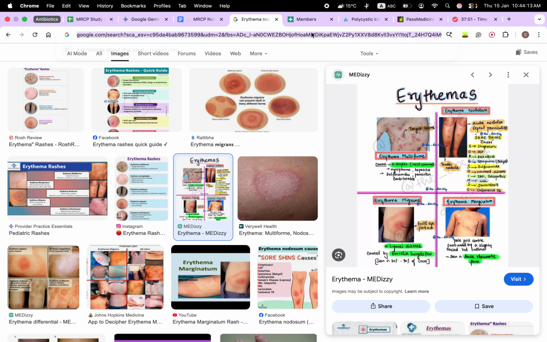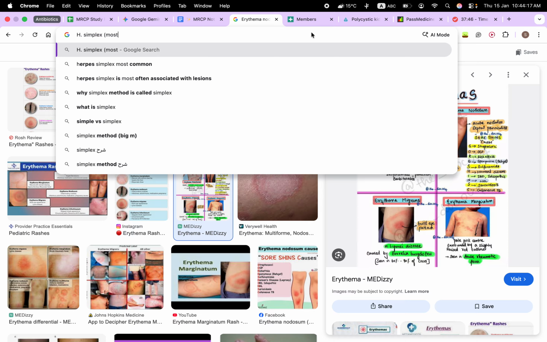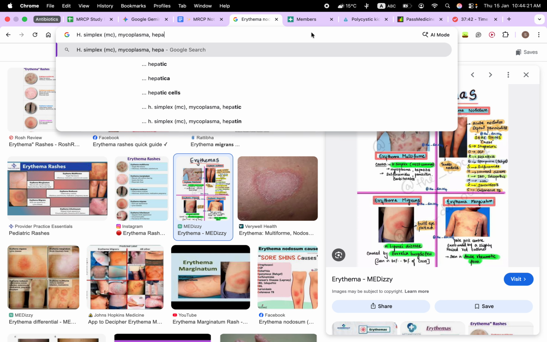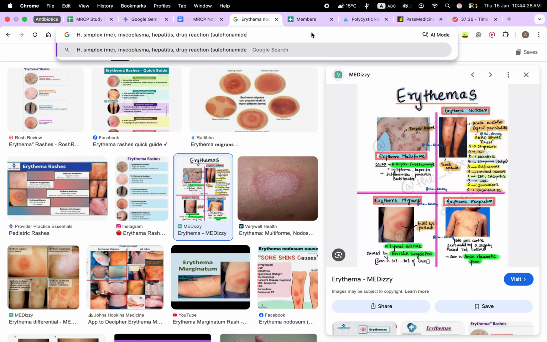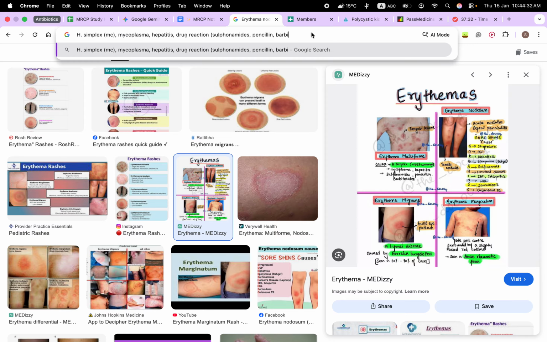So the most common one is herpes simplex, but also mycoplasma, drug reaction, and the drugs that cause it are sulfonamide, like erythema nodosum as well, penicillin, and barbiturates.